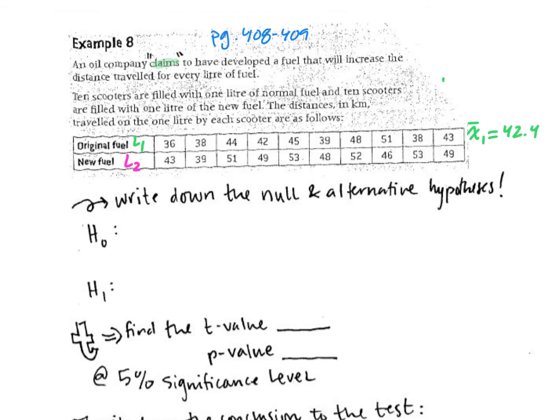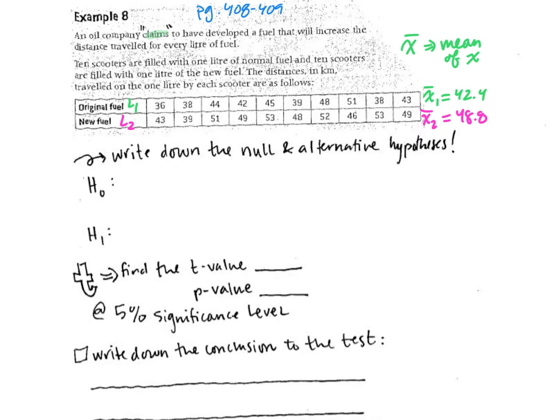So x bar is the mean of x. I previously did this, so you would do this on your calculator. 48.8. So from your calculations, you might see that they are not equivalent, but we're going to formalize this and make it legit.